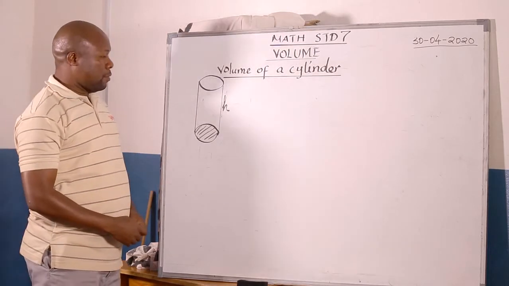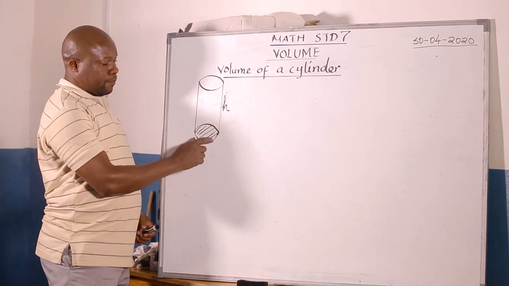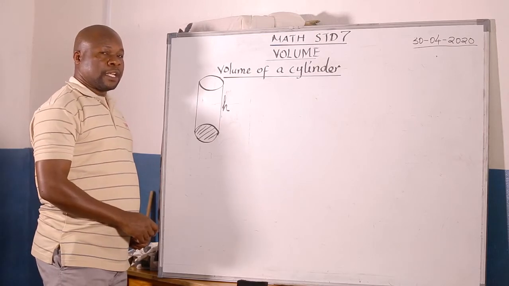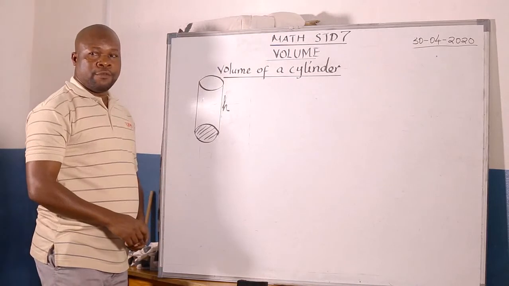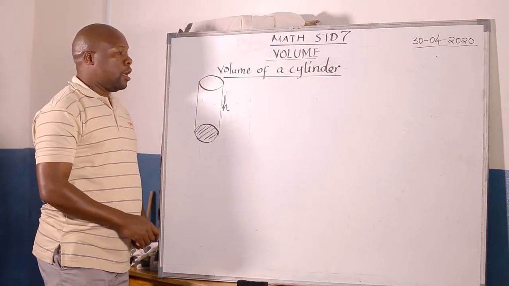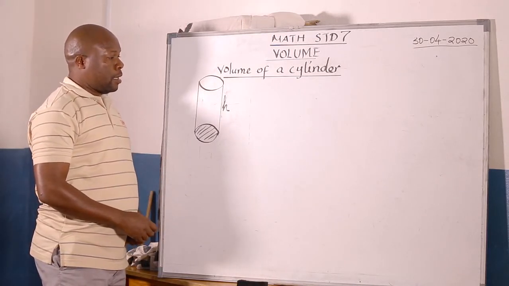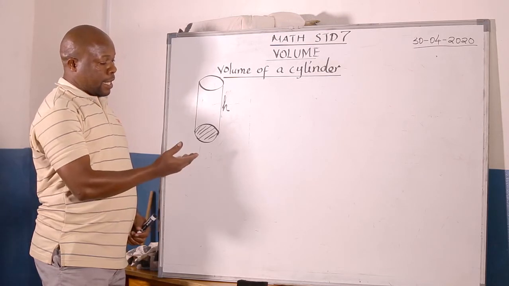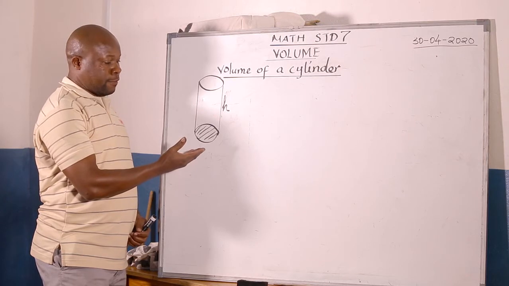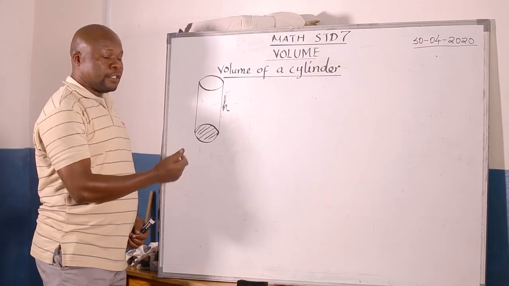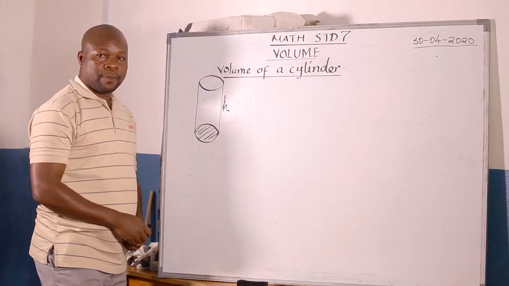The bottom of the cylinder is a circular shape, while the top of the cylinder is as well a circular shape. A cylinder has got a base, and the base of our cylinder is a circular shape.